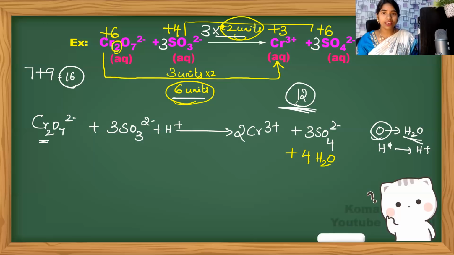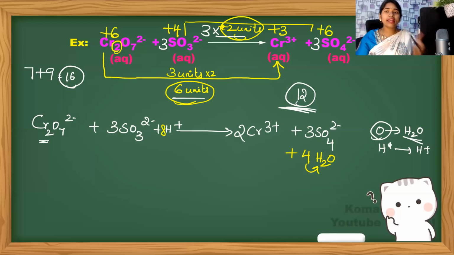And the next step is you have to balance the number of hydrogens. How can you balance the number of hydrogens? For one hydrogen, one H+ you have to add. So here 4 twos are 8 hydrogens. 8 hydrogens are there towards my right hand side, so I am going to place the number 8 here.